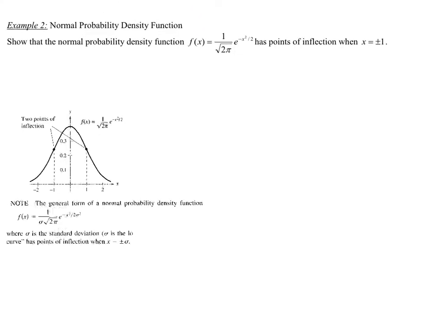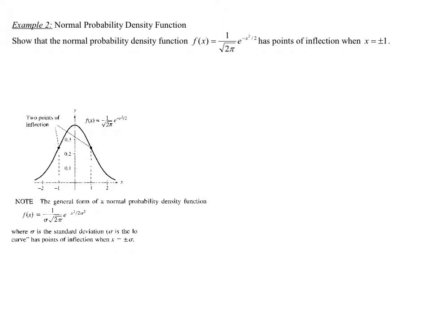Here's kind of an interesting one, the bell curve, or the Gaussian model, if you want. In statistics, you have the normal distribution, what's called a normal probability density function, or the Gaussian model.